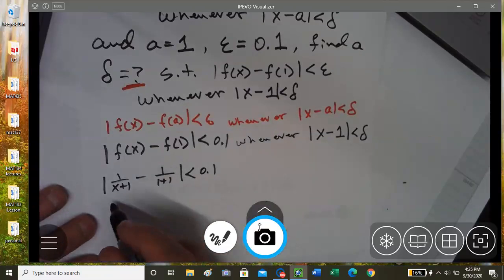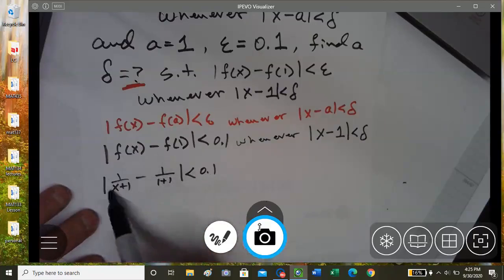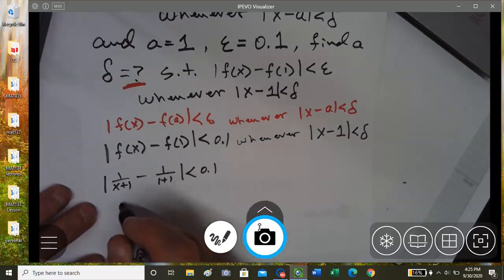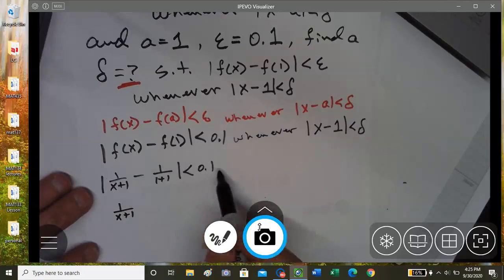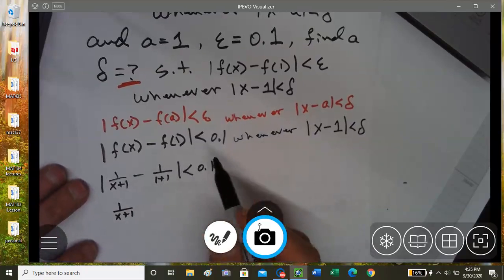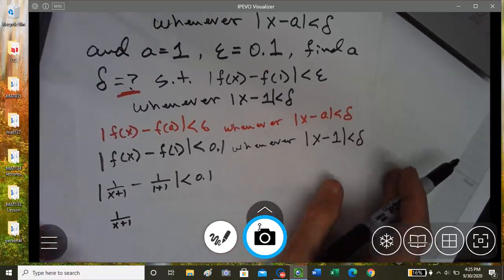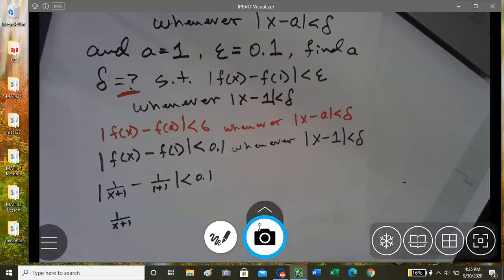Okay, so we're going to get 1 over x plus 1. Since we're trying to find 0.1 and negative 0.1, we can go ahead and do away with the absolute value signs, like what we did on the board.